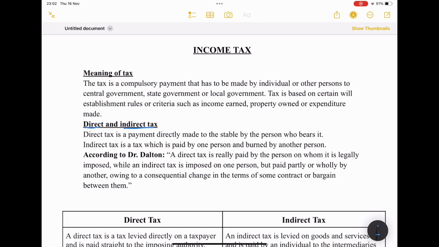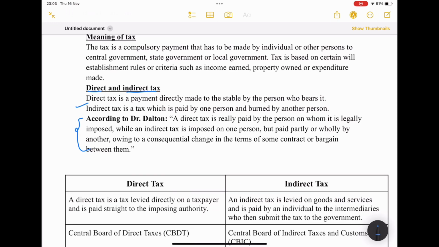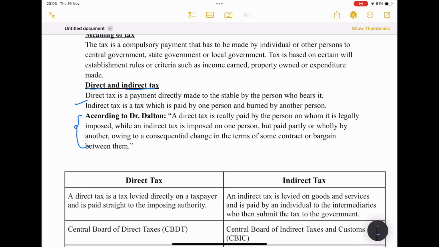According to Dr. Dalton, a direct tax is really paid by the person on whom it is legally imposed, while indirect tax is imposed on one person but paid partly or wholly by another person, owing to the consequential change in the terms of some contract or bargaining between them. This is the definition of direct and indirect taxes.